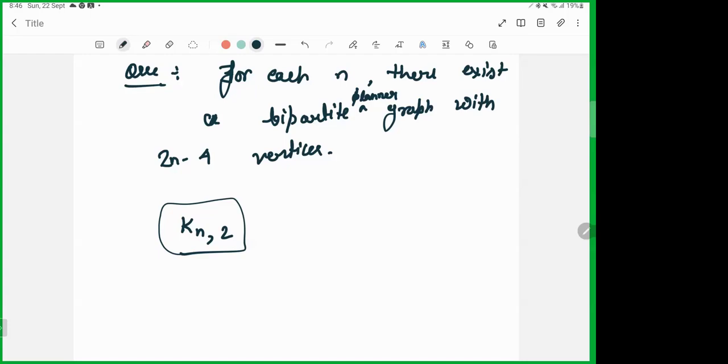So this is at most 2n minus 4 edges. Then we have that 2n minus 4.